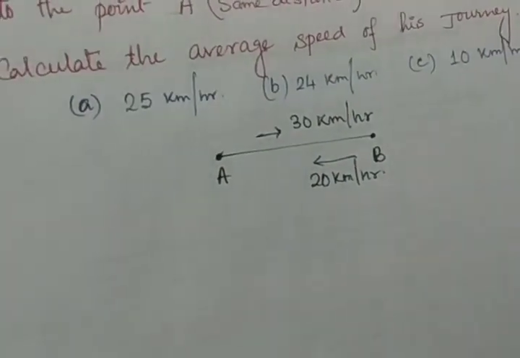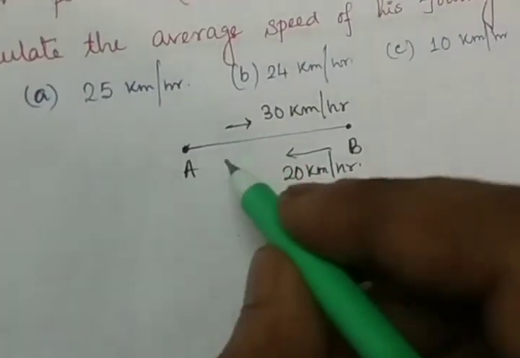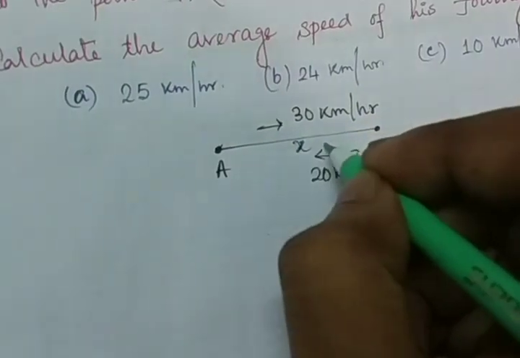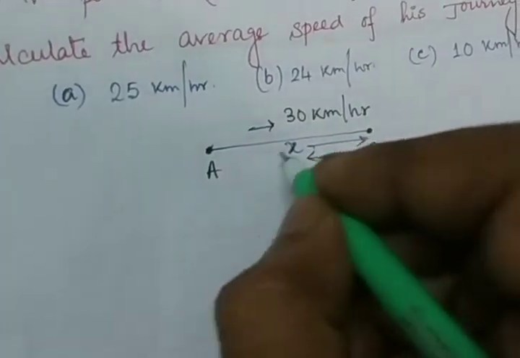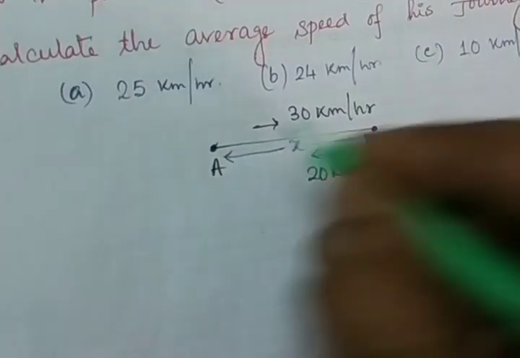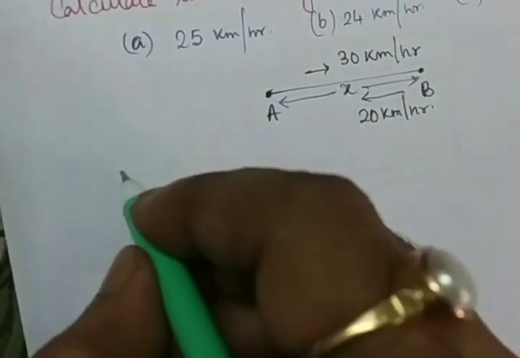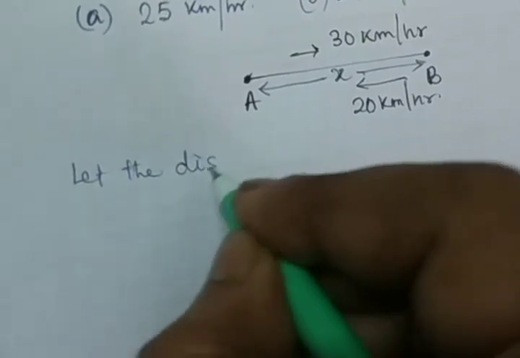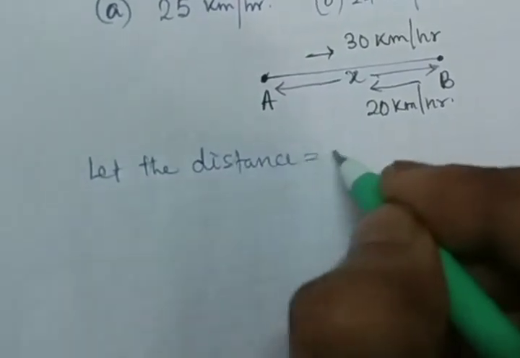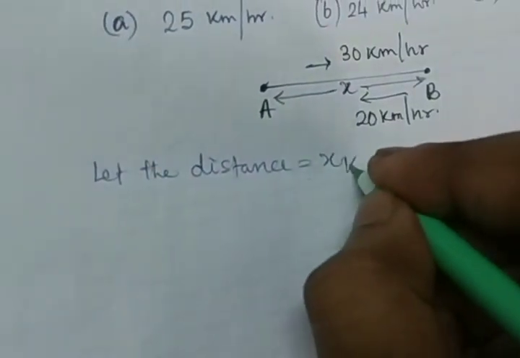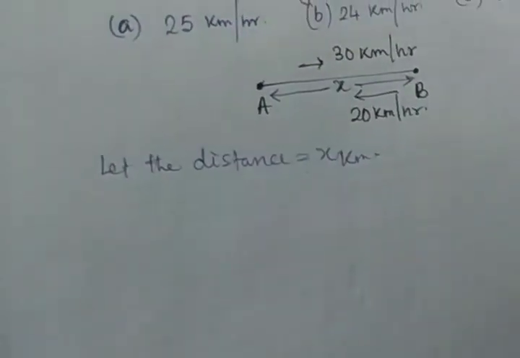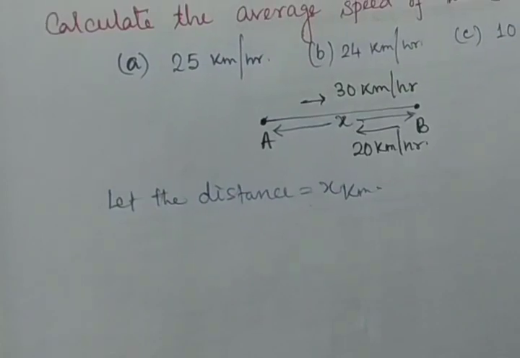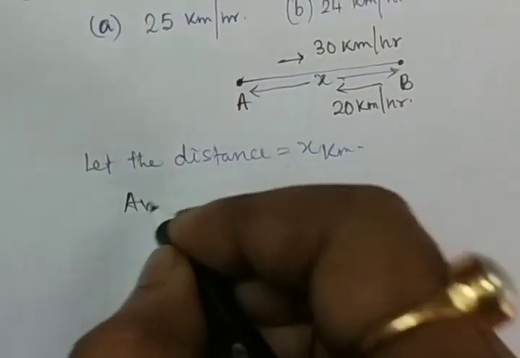Just see, very simple. Suppose I am taking the distance from point A to B as x. Let the distance be equal to x kilometer. As I have already taken the distance x, now what is the average speed formula?